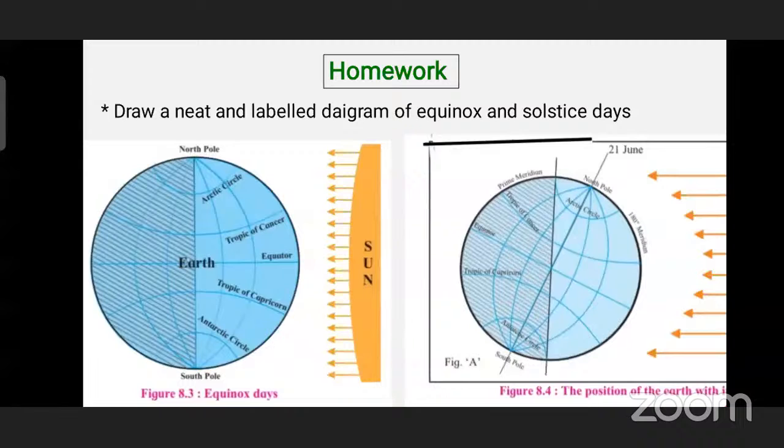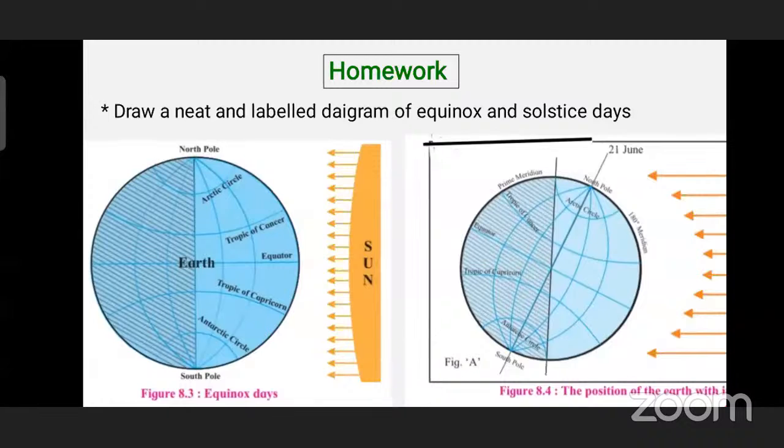By mistake, I have shown you the half figure. So you have to see in the textbook the solstice days and the equinox days, and draw these diagrams in your notebook. Okay, students? Draw it properly, label it, name them, so you can understand how the equinox and solstice days happen.